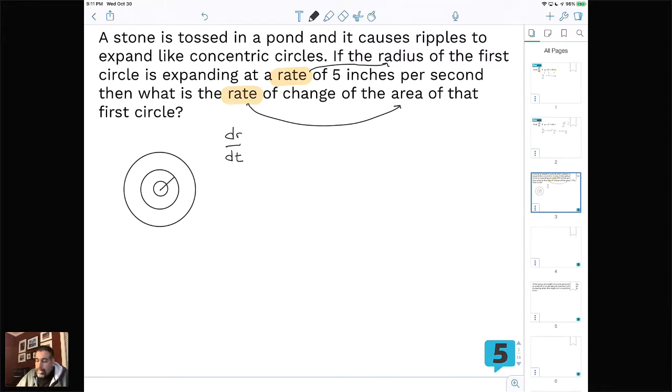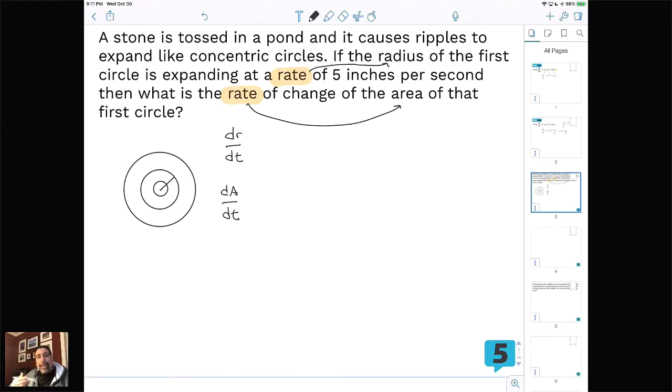Now we've got an area changing, so the appropriate notation is dA over dt. So the idea again is, can we take the English words and translate them to math so we can start writing some equations? So far, I hope everyone's okay in understanding how we're just translating the word rate into the derivative notation.